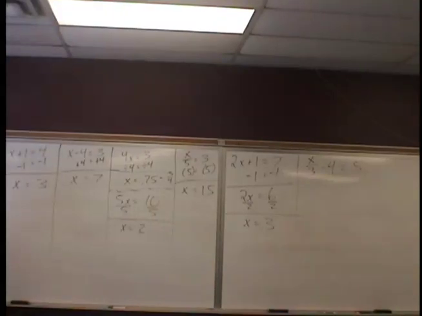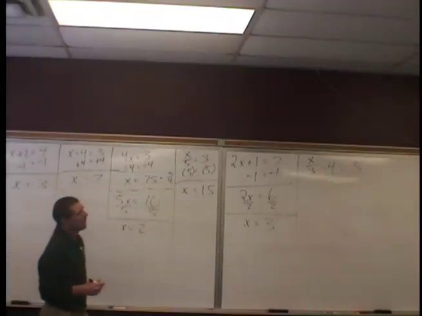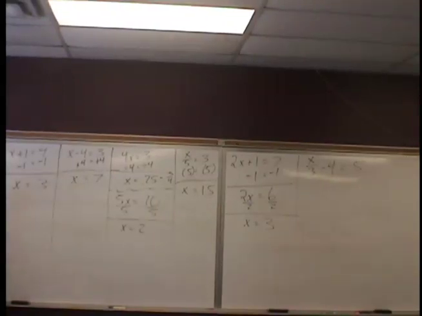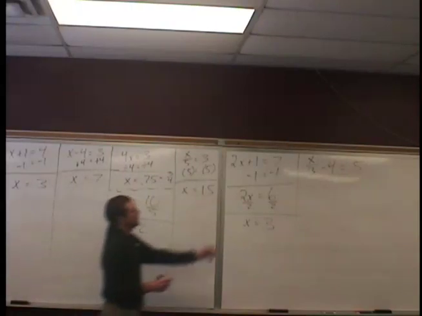This is where it starts to get a little bit more difficult to be able to do it in your head, right? But again, the idea here is we need to get the x alone, undo the addition and subtraction first.